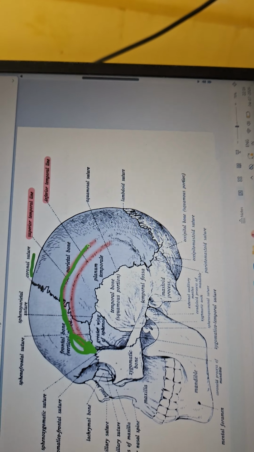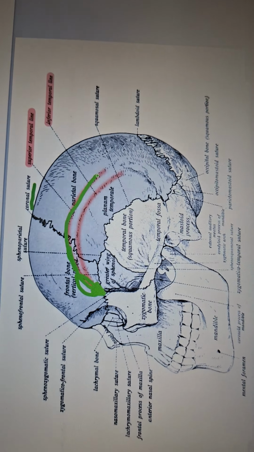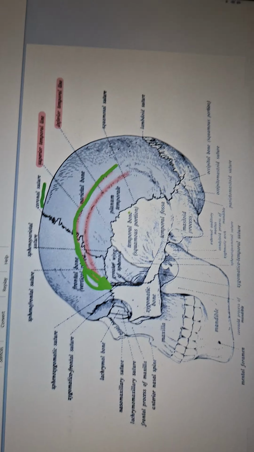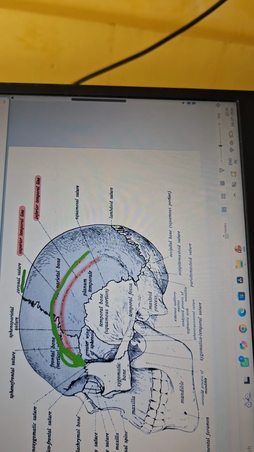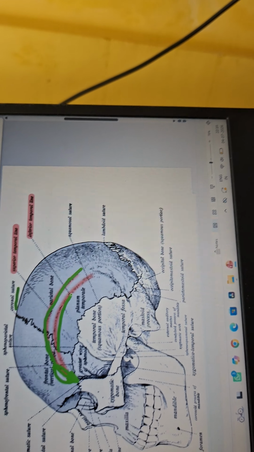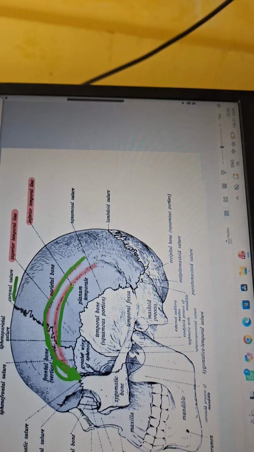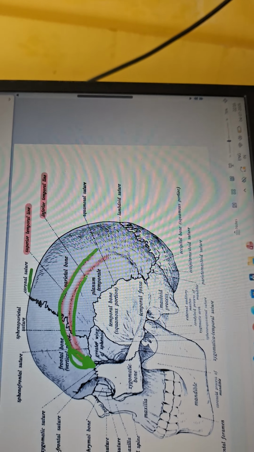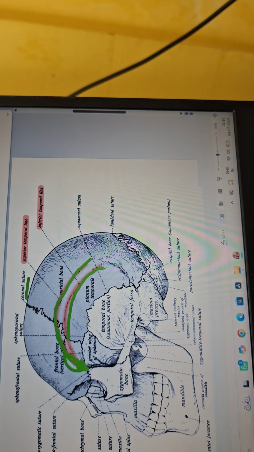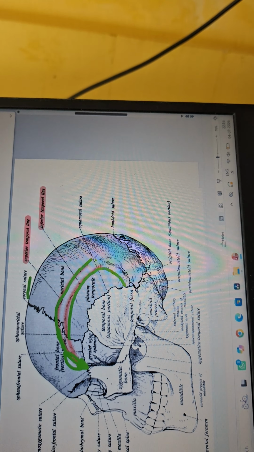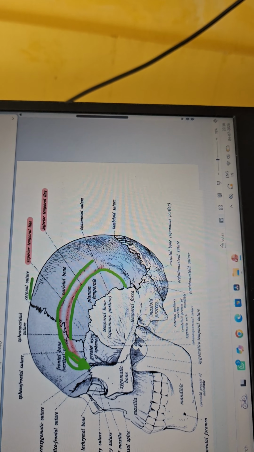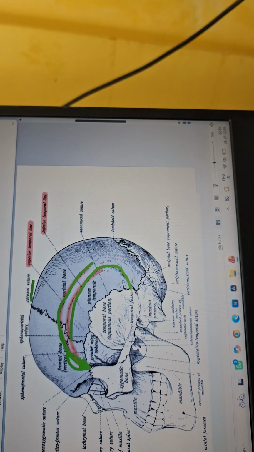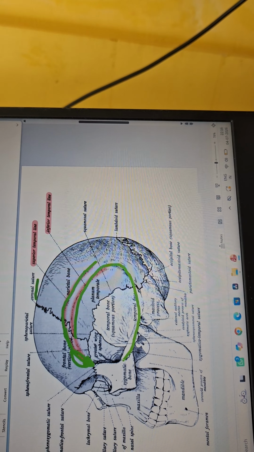Now the superior line fades out over the posterior part of the parietal bone. But your inferior temporal line doesn't fade out. It continues on the parietal bone and continues downward to the formation of the zygomatic arch. Here this is the zygomatic arch.